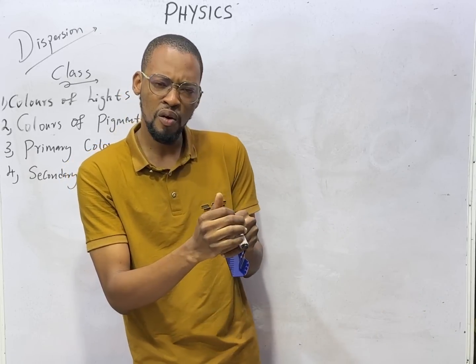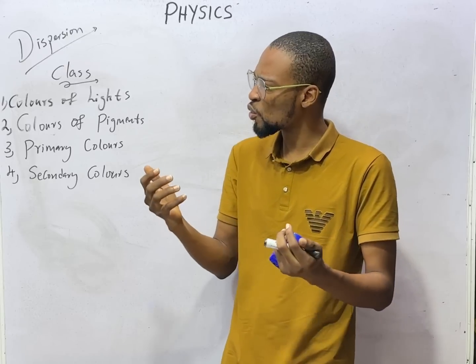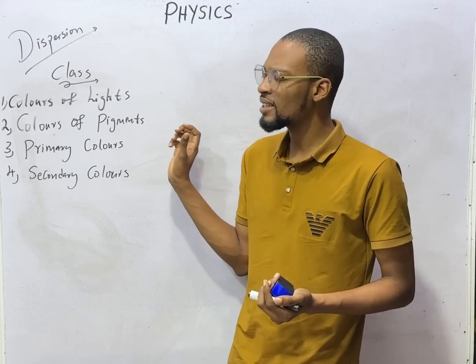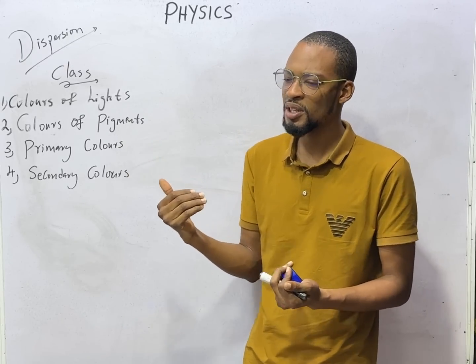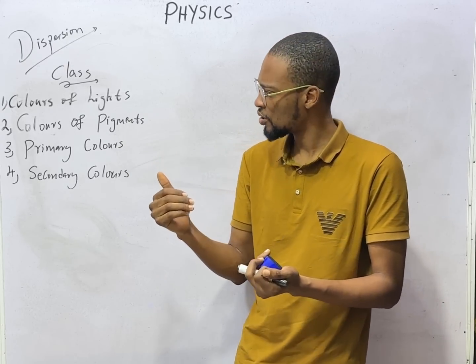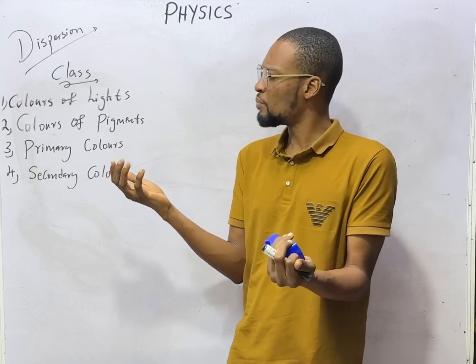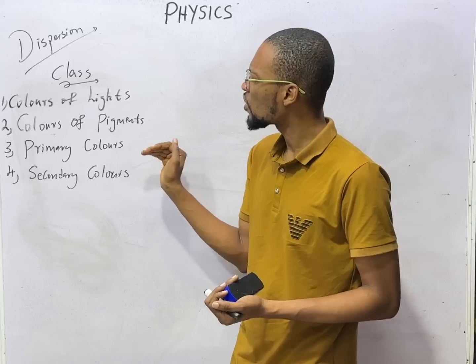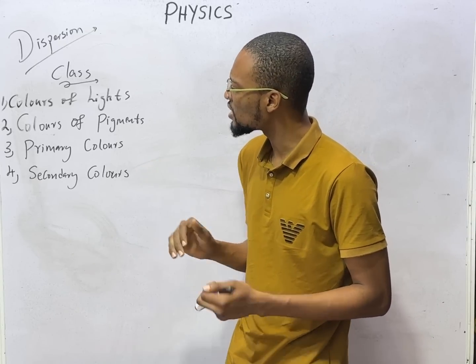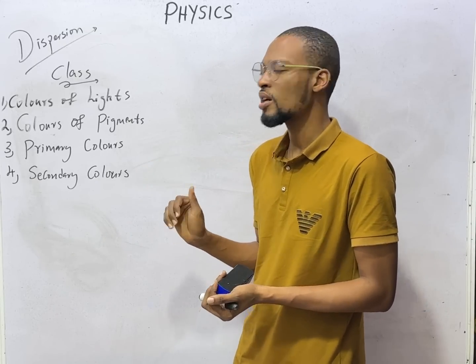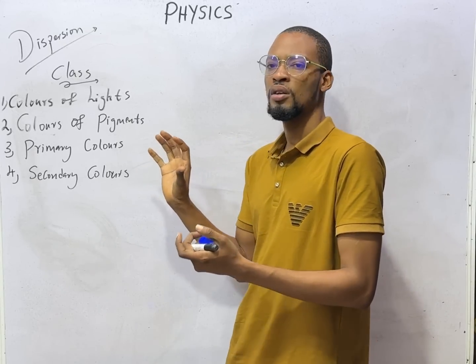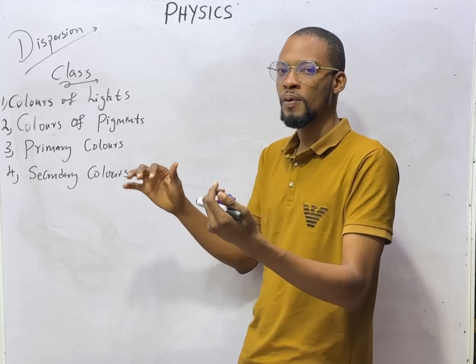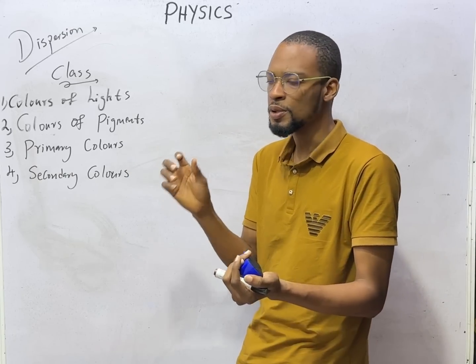Now for the sake of this class, or for this scope, these are the standard I will give you for classification of colors. I will say colors can be grouped into colors of light, colors of pigments, primary colors, and secondary colors for this syllabus.